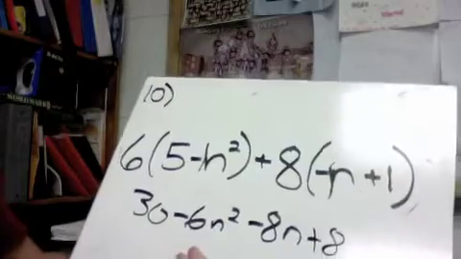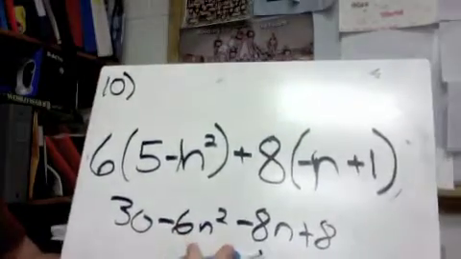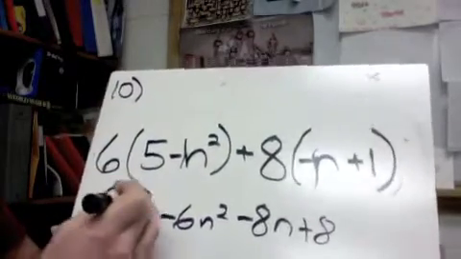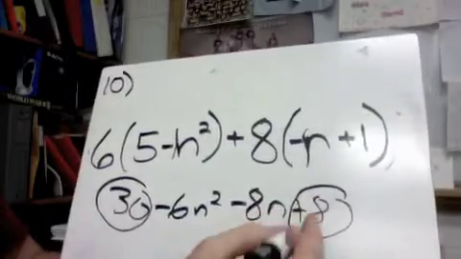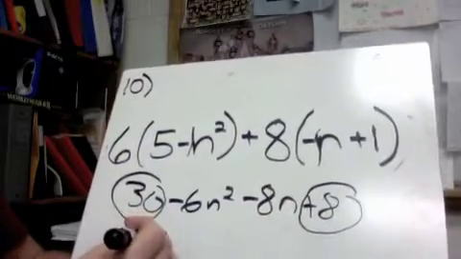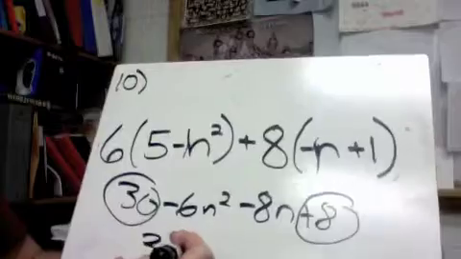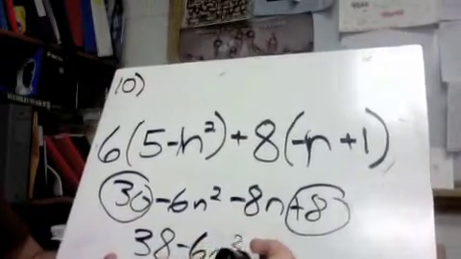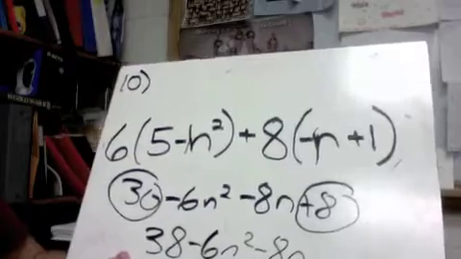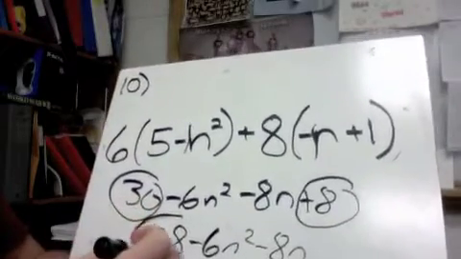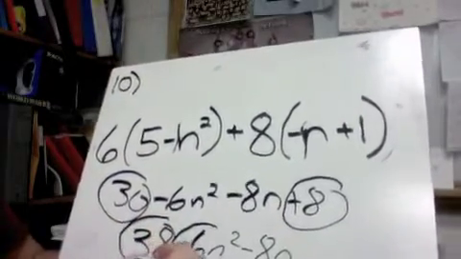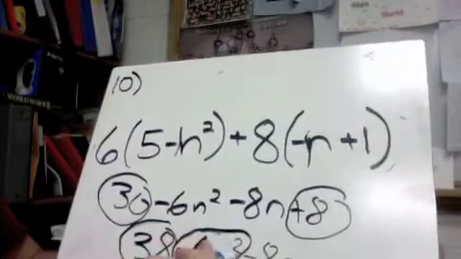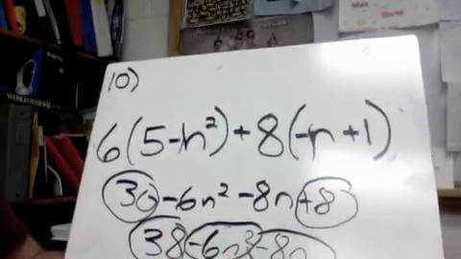Looking to put things together, positive 30, positive 8, so we should have 38 in there somewhere, negative 6n to the second minus 8n. And again, you can have this in any order as long as you've got positive 38, negative 6n to the second, and negative 8n.